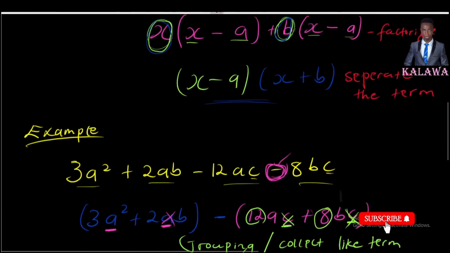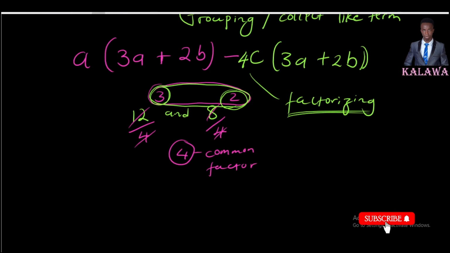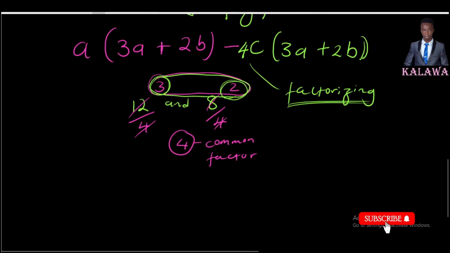So let's go again to the other step. We separate the terms. How do we separate the terms? If you observe the first common factor a, and then we also have minus 4c, you can notice that the terms in both brackets are the same. You can see 3a plus 2b here, and you can also see 3a plus 2b.